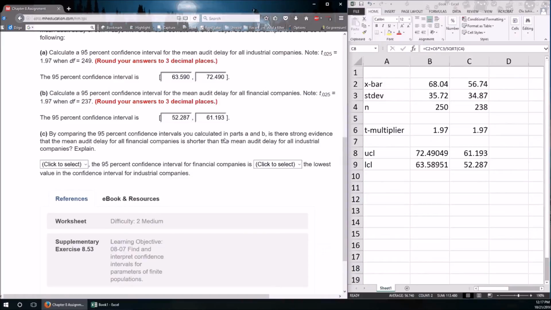By comparing the confidence intervals, is there strong evidence? Yes, there is. This is shorter than this, because the highest for the financial is lower than the lowest for the industrial.